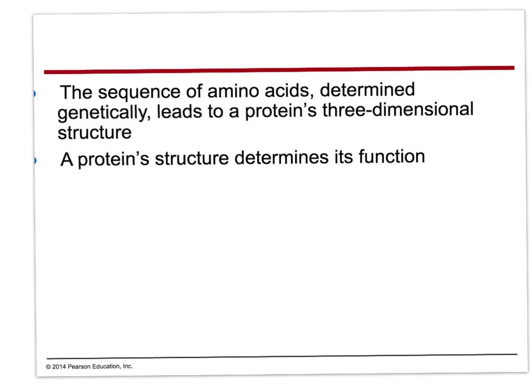So the structure of the protein, which is intimately important for its function, is determined by its sequence of amino acids, which is determined genetically. And we went over this on Friday. So that last line right here: structure determines function.